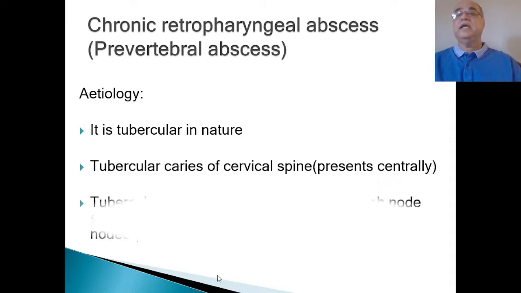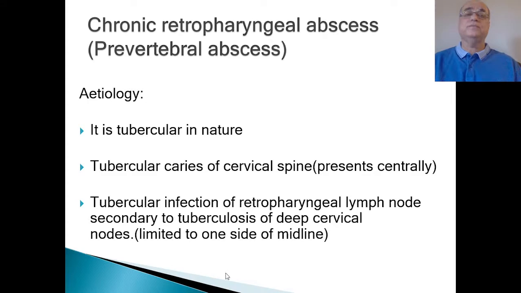While in the case of retropharyngeal lymph nodes, it will be in younger children, because we know that nodes of Rouviere are there up till the age of 3 or 4 years, and after that they vanish.